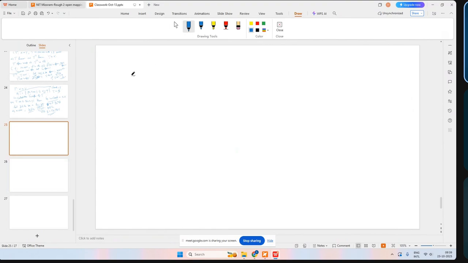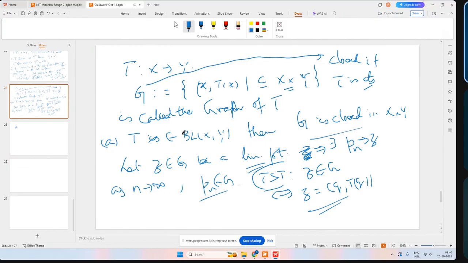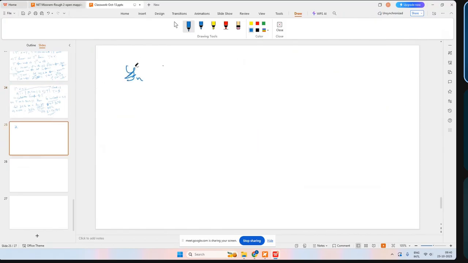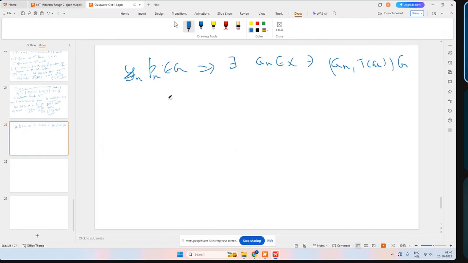So Pn belongs to G implies there exists, say, an in X such that (an, T an) belongs to G. That is by the definition of the graph.